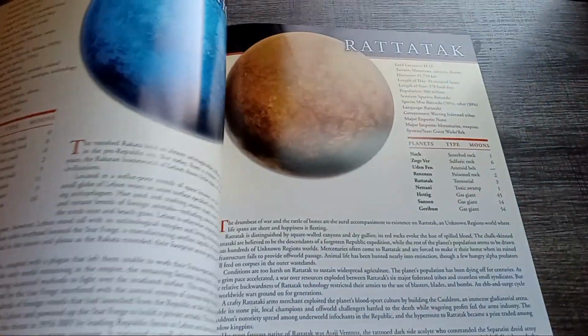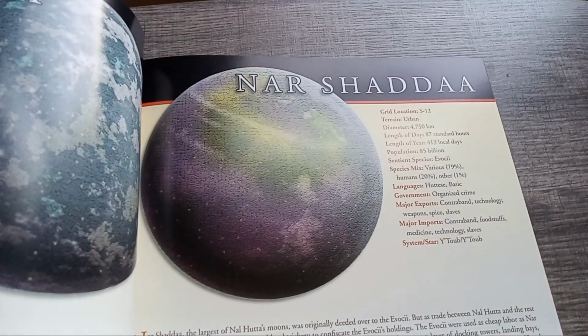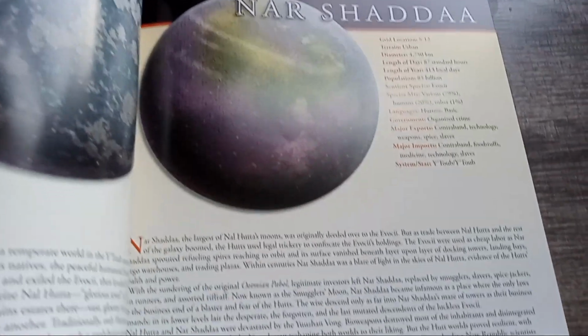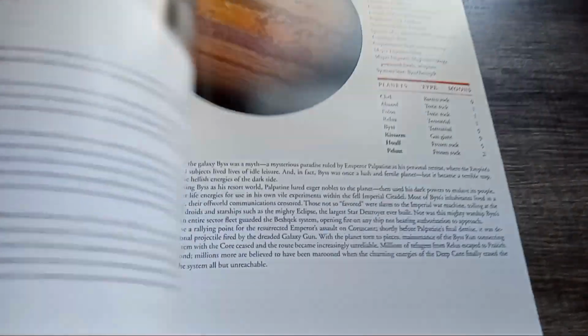It doesn't go over every planet, obviously, because there's hundreds. But it goes over the major ones. So, yeah. I thought this is a cool book. And so I'd recommend it if you're curious.